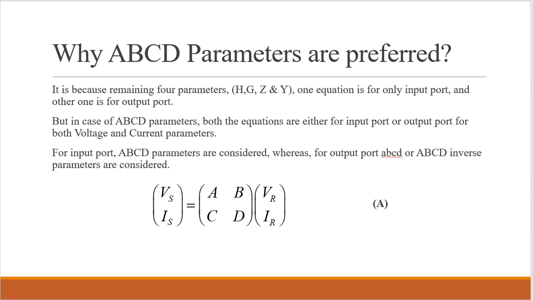So we don't have any parameter that is fully considered at a single end, right? Therefore, in this case we obtain ABCD parameters, because in the ABCD parameters we have V1 and I1, or Vs and Is, and Vr and Ir, right?